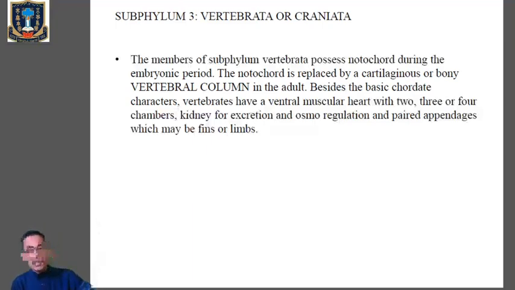So that means notochord is present only during the embryonic period. Clear? And once it becomes the adult, this notochord will be replaced by the vertebral column.